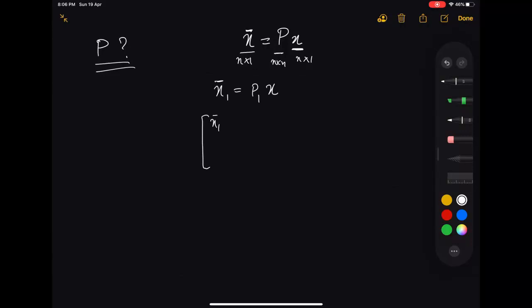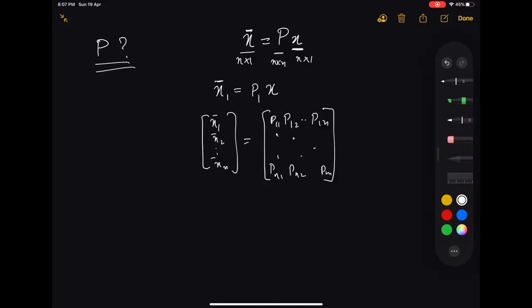This is x1 bar, x2 bar, up to xn bar, and this is your P matrix: P11, P12, P1n, down to Pn1, Pn2, Pnn, and this is your x. So what is the first component here? The first component here is equal to this whole row into this whole column. So this is what I have written here, that x1 bar = P1 x.